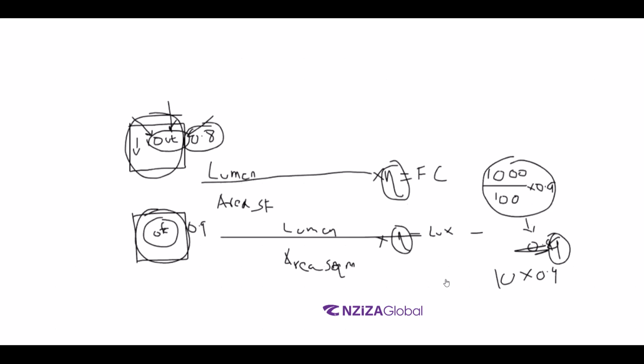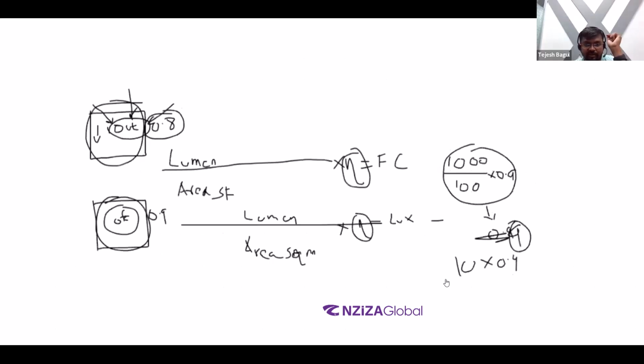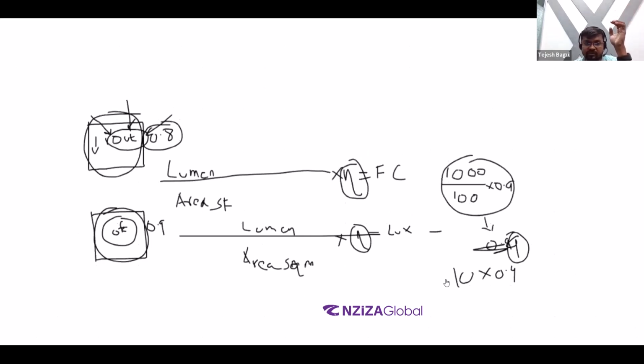Okay, all right. So Tony, as I mentioned, this is the fundamental formula. We are trying to maintain 1 foot candle minimum in the given area for the emergency path of egress. In this case, let's say, as another assumption, we had 100 to 1000 lumen coming out of the light fixture, and the area of the room was 100 square foot, and again we had 0.9 as our efficiency factor.